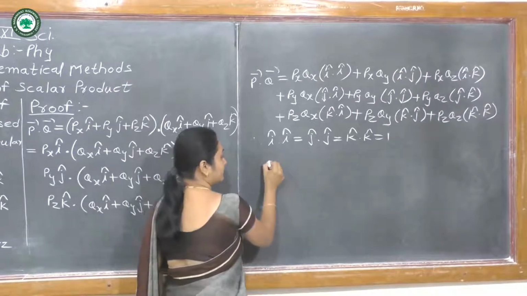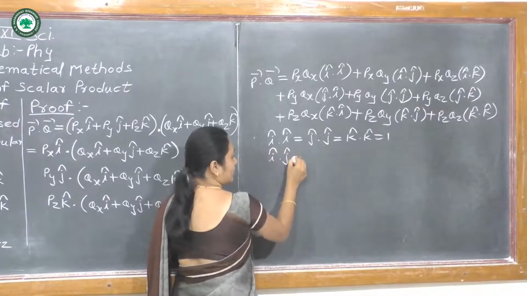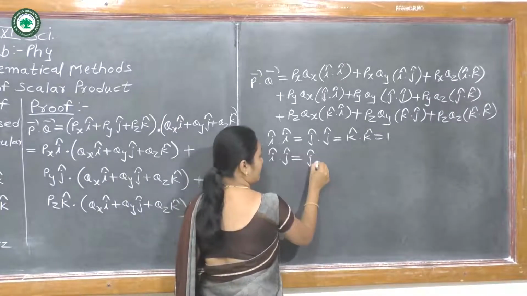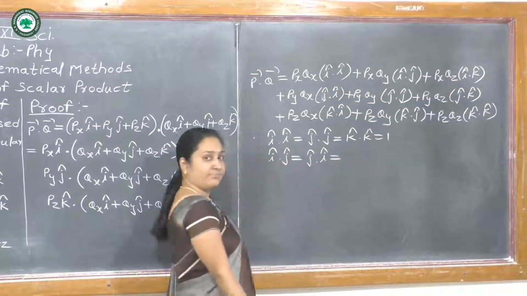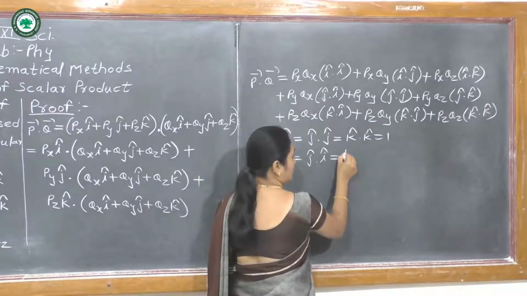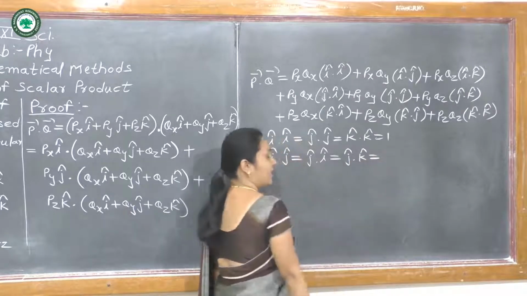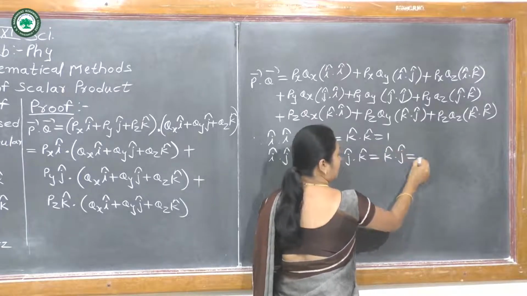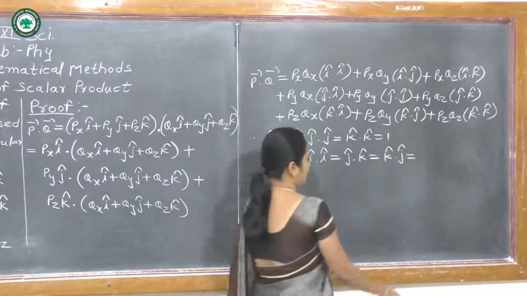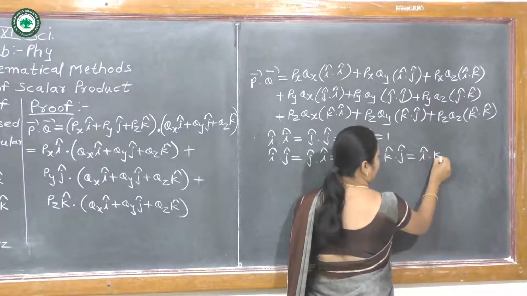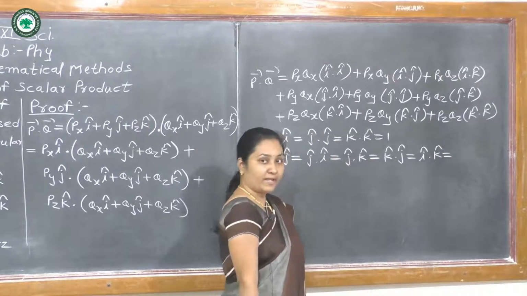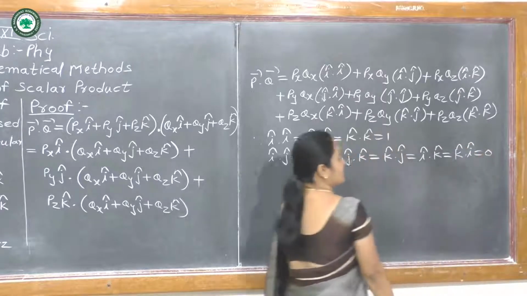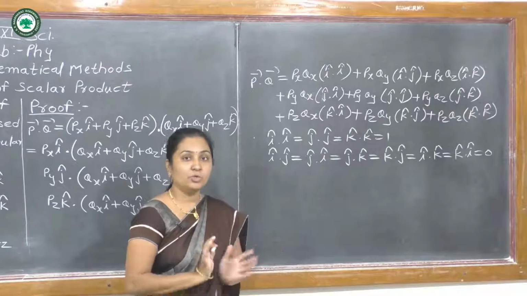Similarly, we know that i cap dot j cap is equal to j cap dot i cap is equal to j cap dot k cap equal to k cap dot j cap is equal to i cap dot k cap is equal to k cap dot i cap equal to 0.